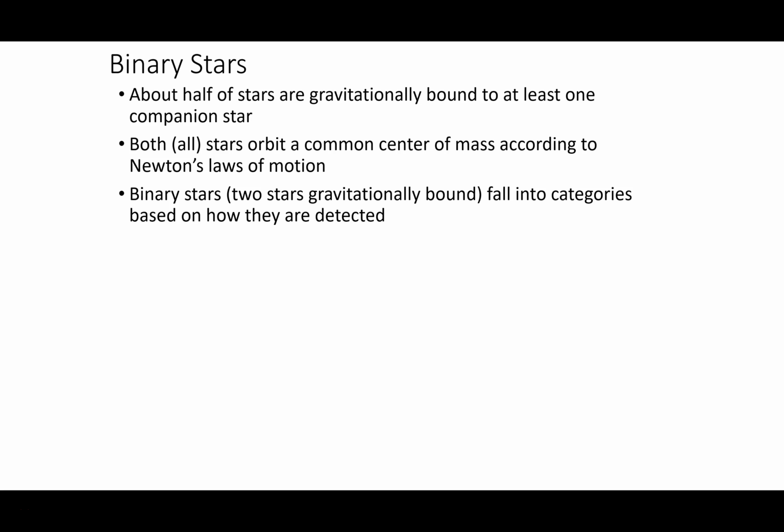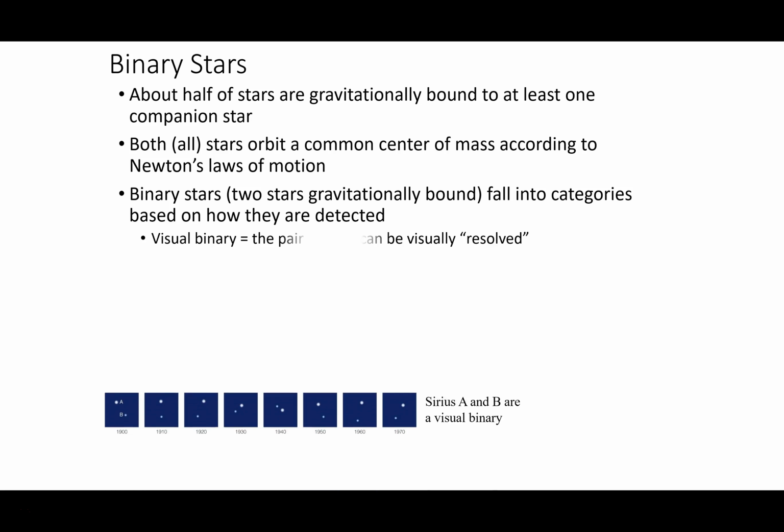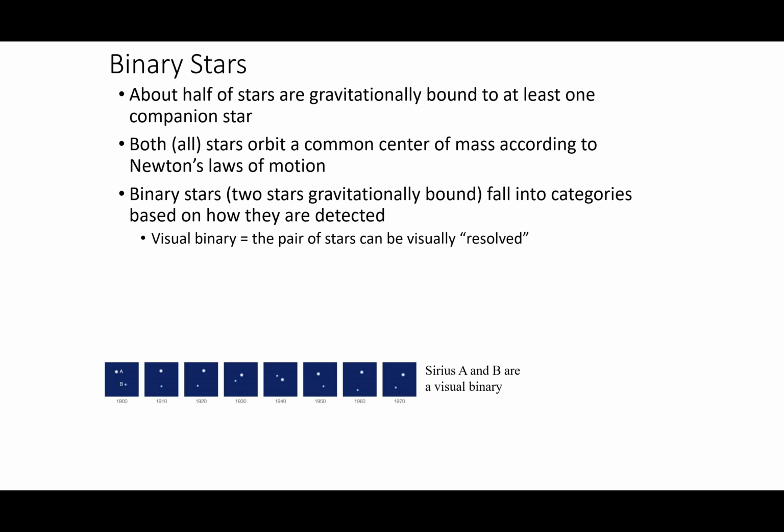So a pair of binary stars, how do we know that they're there? Just because of how we know that they're there, they fall into these categories. So these are all binary stars. For instance, we have the visual binary star. Again, the only thing that differs is how we know that there's two stars there.